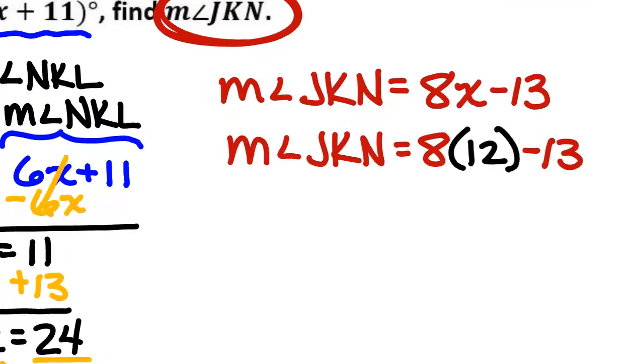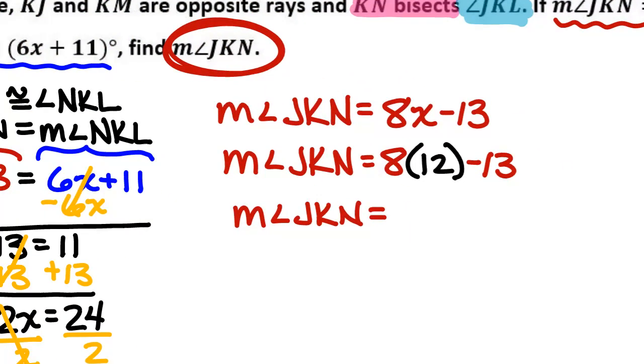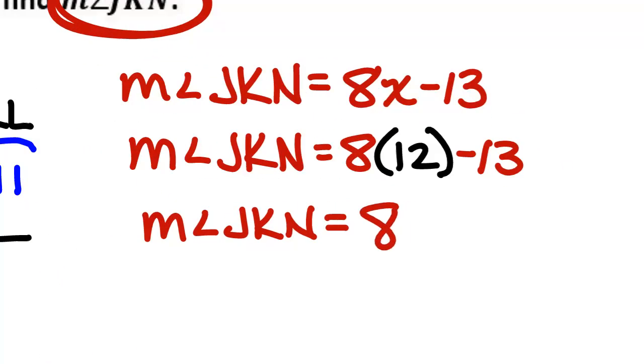And now I need to pop this into my calculator. What is 8 times 12 minus 13? 83. Now I am going to put the degrees back on this answer because degrees are a unit, and we just found the measurement of an angle.